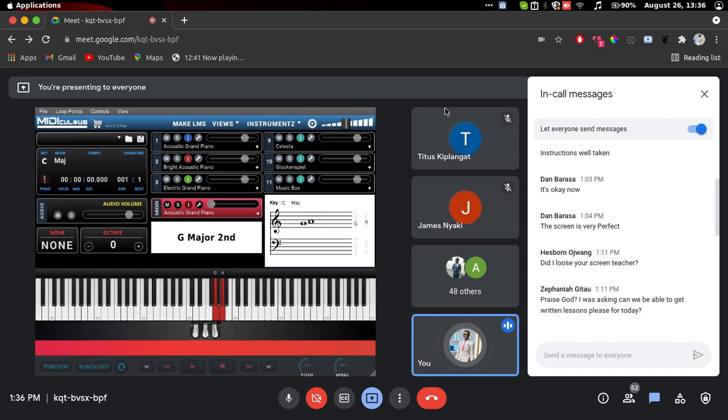Using the same logic, if I am in this key and someone tells me go lower by a tone, which key will I land on?